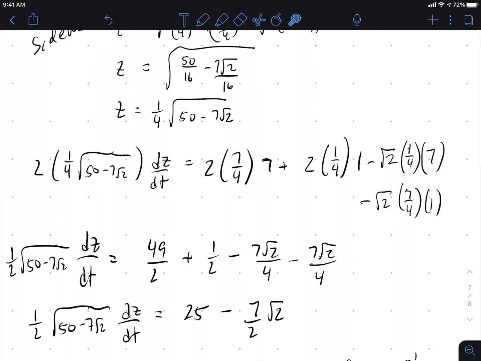Oh, 4. So you factored it out? Yeah, because it's in the denominator. Okay. Does that make sense? Yeah. Cool.